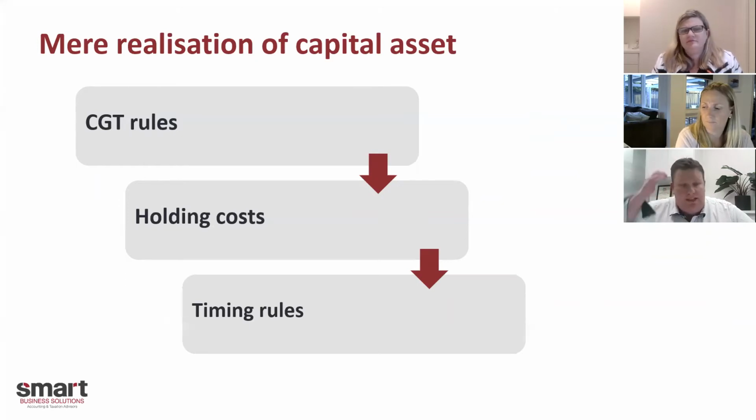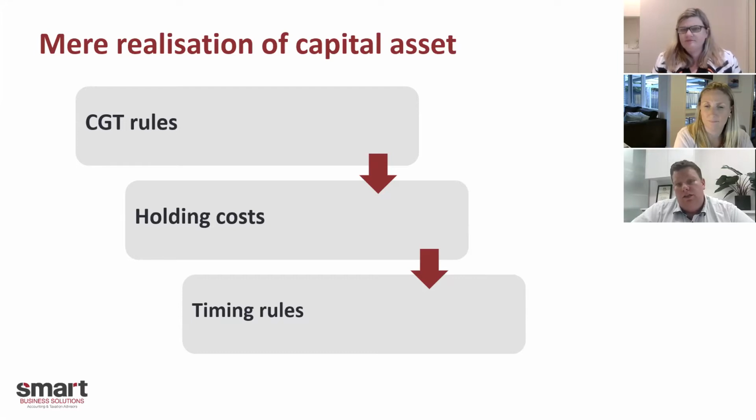So the mere realisation of a capital asset. If we fall into this space, we're using the CGT rules. So we've got options there for a lot of CGT discounts: the 50% discount if we've held over 12 months, potential main residence exemptions, potential small business CGT exemptions as well. So it's a really good space to be in for that aspect.